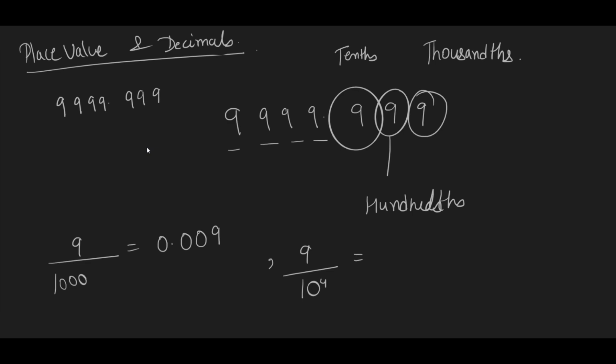That means 9 upon 4 zeros. So that gives us 0.0009, 4 digits after the decimal. So children, in the decimal system, the place value of a digit decreases 10 times from left to right. So 9 here is 0.9, this is 0.09, this is 0.009, children.